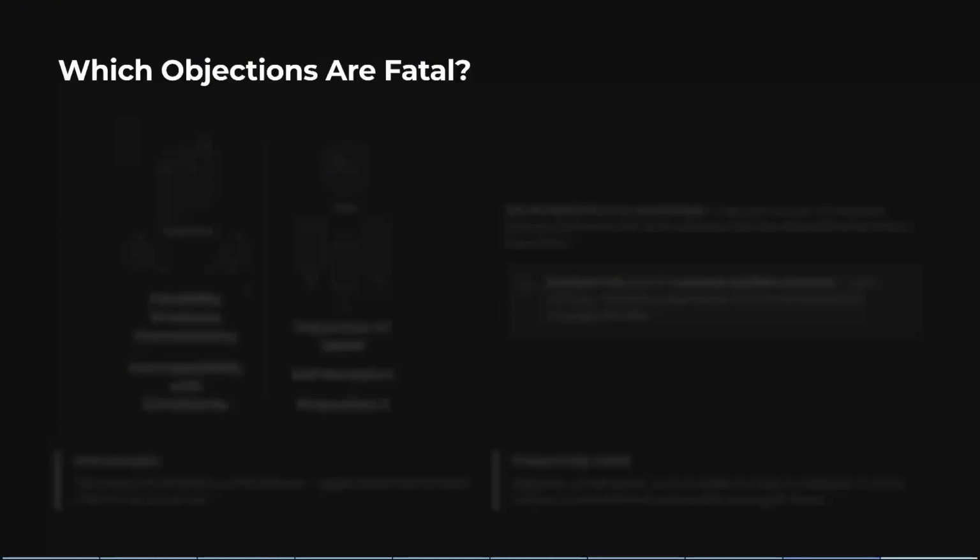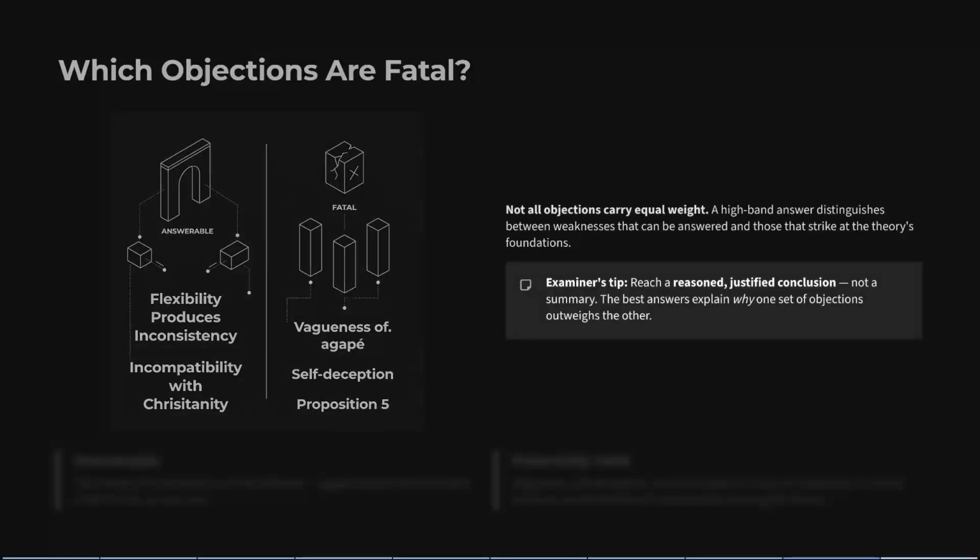Now, this is the slide which separates a competent essay from an outstanding one, because not all objections carry equal weight. A high-band essay does not treat every weakness as equally damaging. It discriminates. It asks which objections can be answered within the theory's own framework and which cannot be resolved without fundamentally changing the theory.